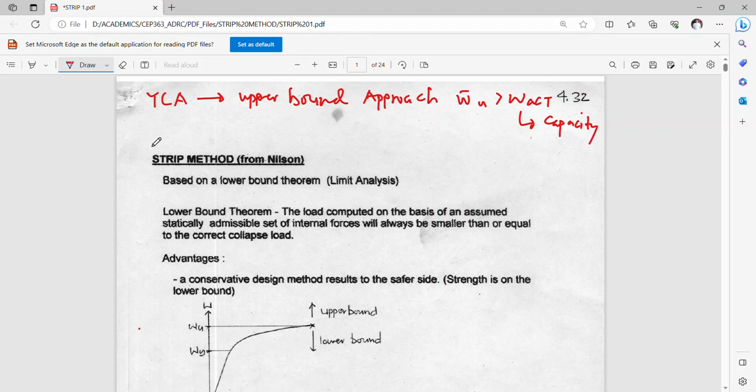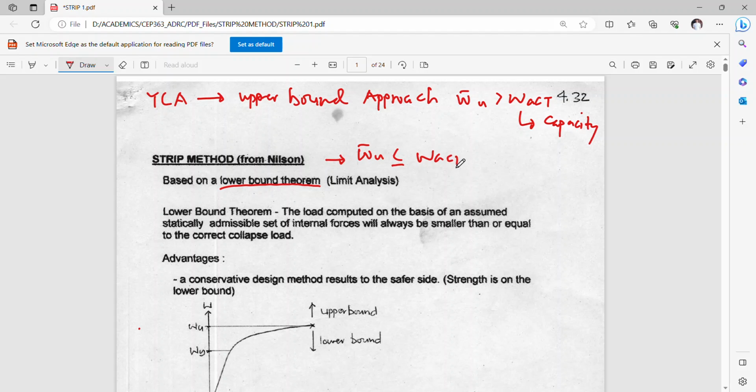Okay, so for the strip method now, we will be talking about the lower bound approach, which considers that the computed capacity or computed load is less than or equal to the actual load.